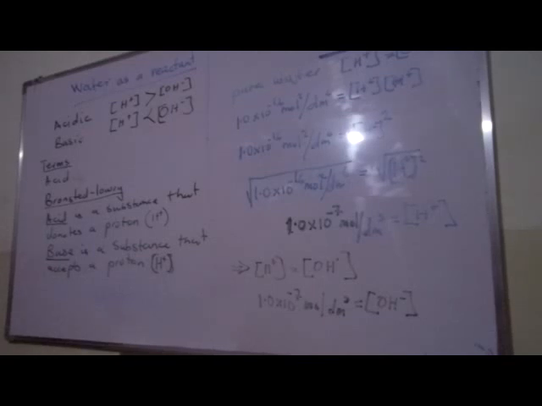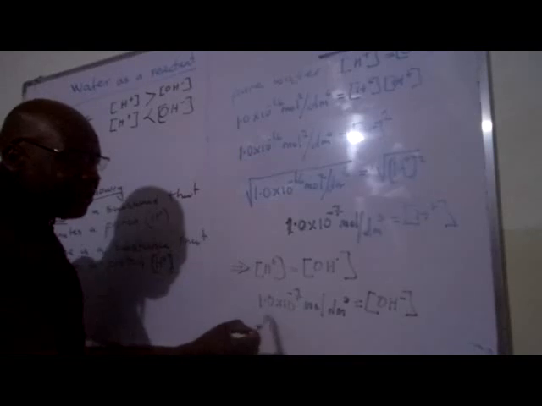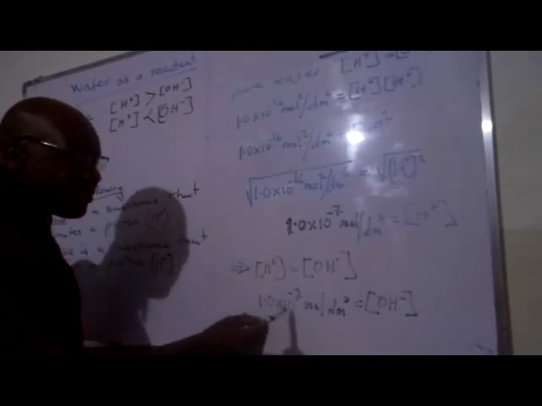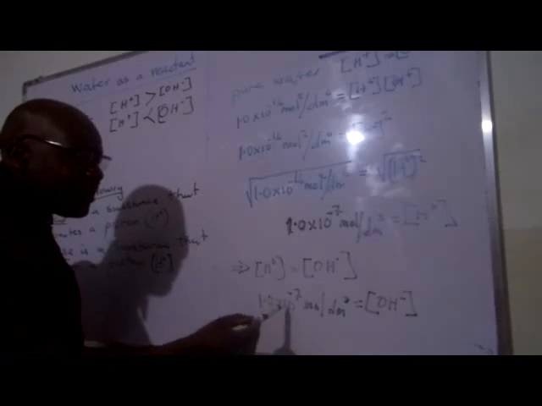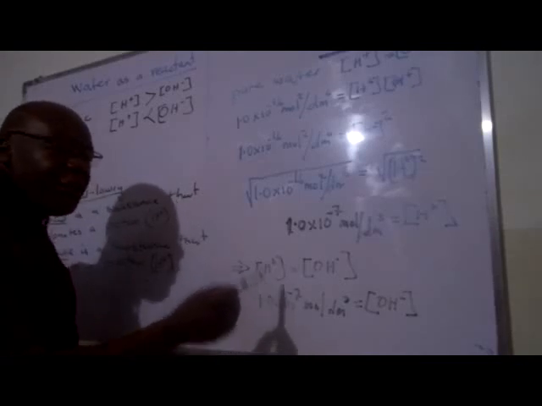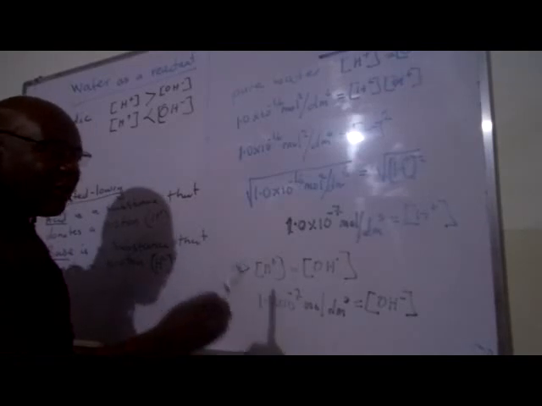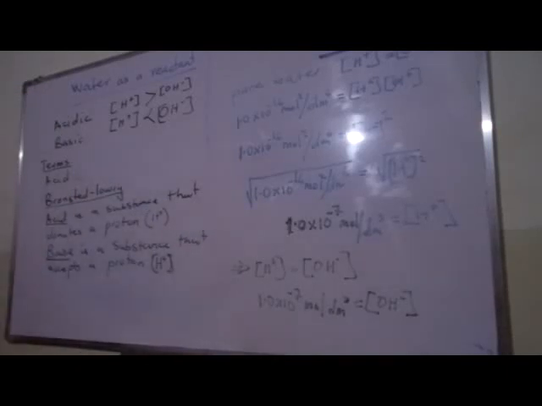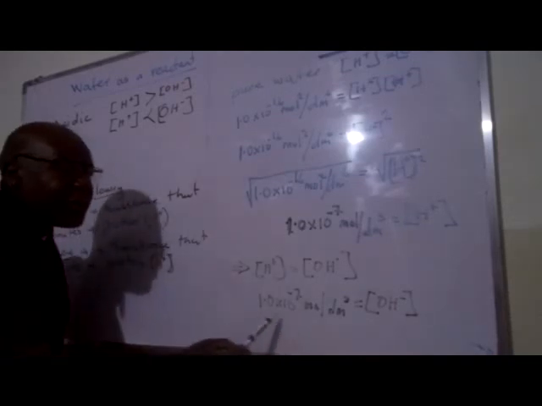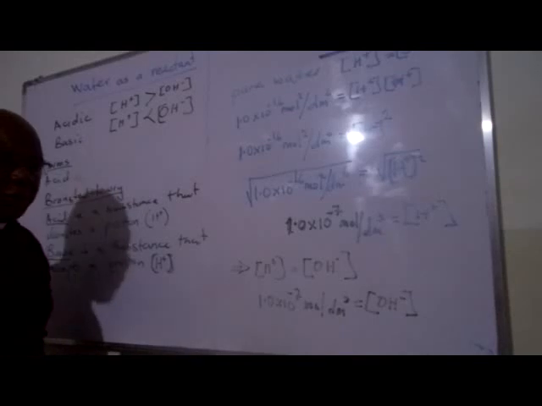Now, when you look at these numbers, the concentration of hydrogen ions or hydroxide ions, 1.0 times 10 to the power minus 7 is very small and very user unfriendly. So Sorensen, a Swedish scientist, came up with an expression that expresses the concentration of hydrogen ions in such a way that it is a user-friendly value.